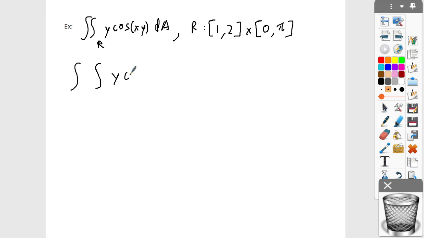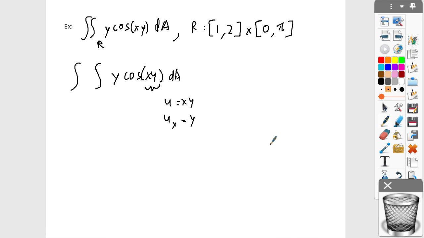Let's see if you can see the problem. We have y cosine of xy right here. If you take the derivative of the inside, or do u sub, u is equal to xy, the derivative with respect to x will get you y.